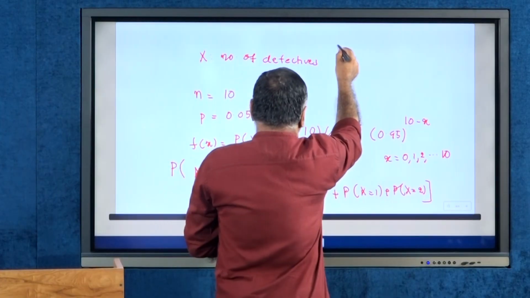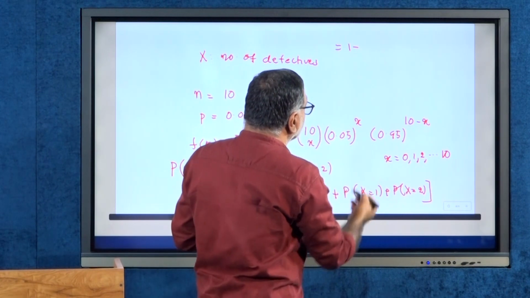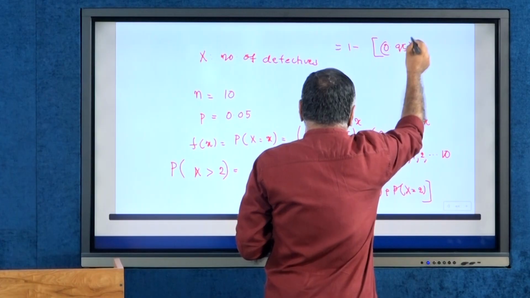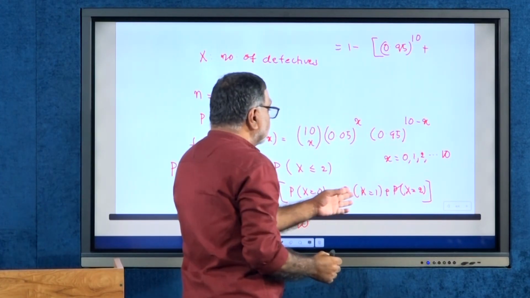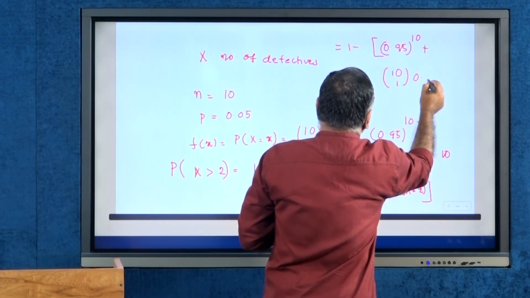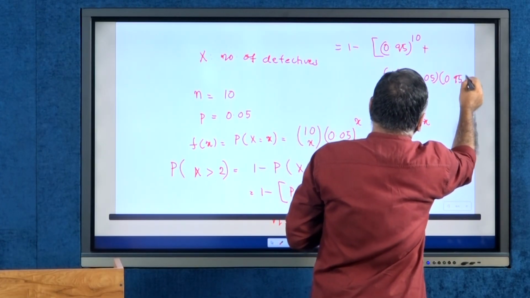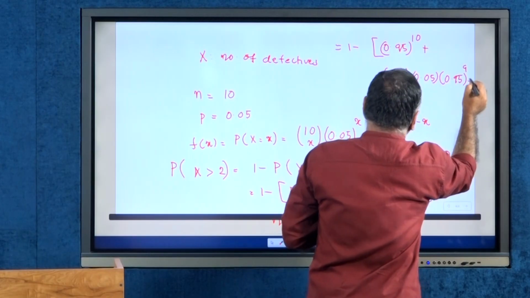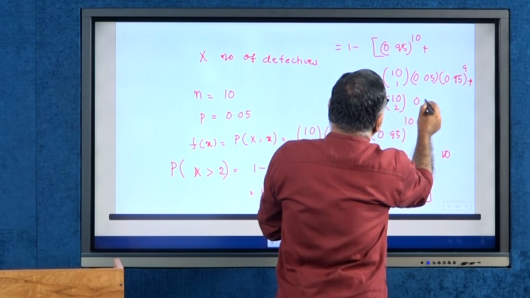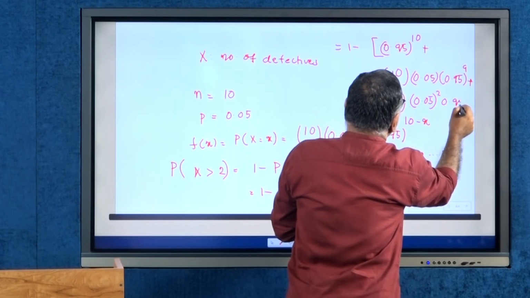That is equal to 1 minus, probability of X equal to 0 is 0.95 power 10; probability of X equal to 1 means 10C1, 0.05 into 0.95 power 9; plus probability of X equal to 2 means 10C2, 0.05 squared, 0.95 power 8.